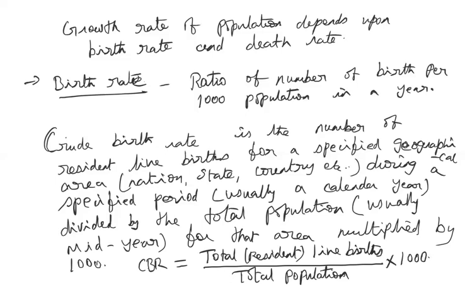So this is the ratio, the ratio of number of births per 1000 population in a year. This is how we calculate the birth rate.